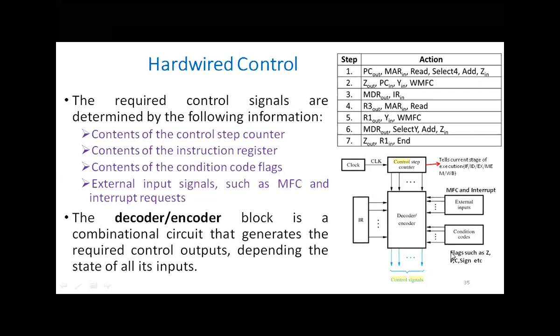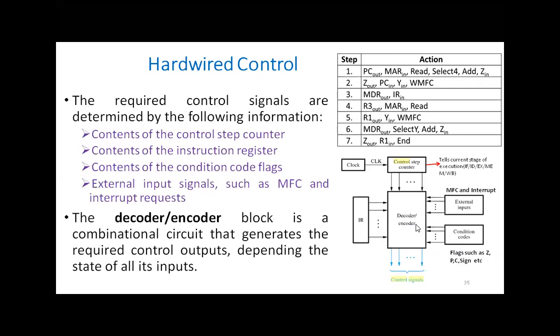And there are some condition codes also, like the status of the status register, whether the result is 0, or the parity bit, the carry flag, or the sign bit. All these are different condition codes. Based on this, the signal will be generated. Here the instruction register stores the instruction. After fetching, the instruction present in the IR register is taken by the decoder and decoded, and after decoding we get to know what to do, whether addition or subtraction is to be done.